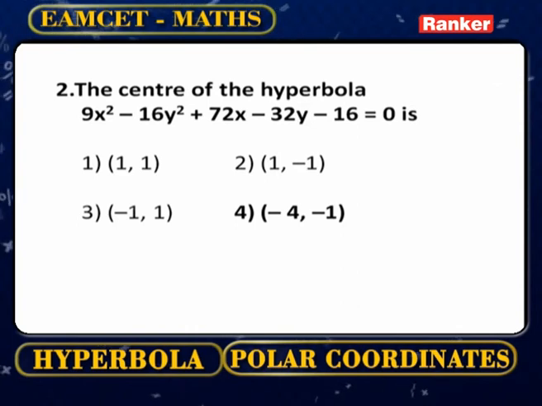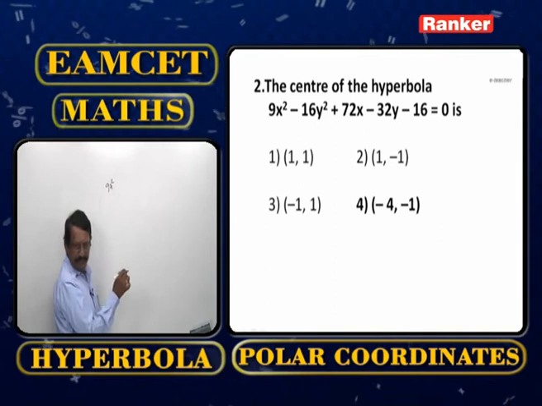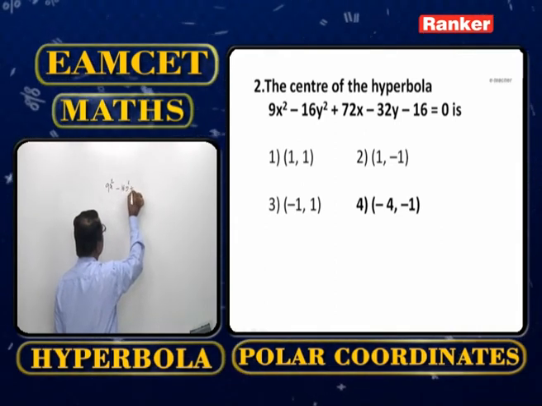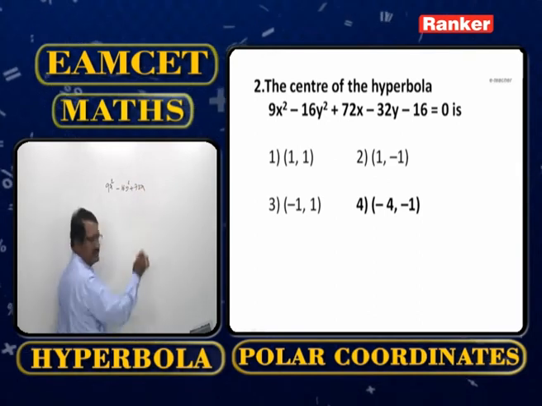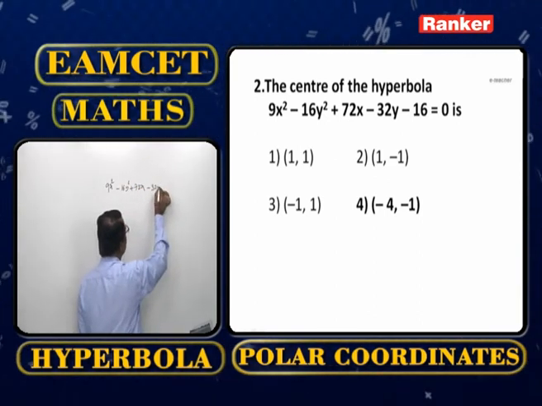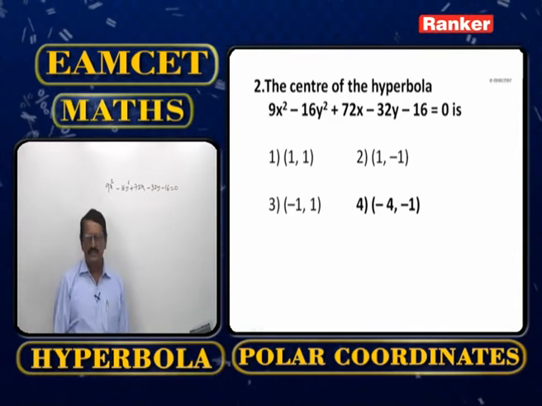Next problem: the center of the hyperbola 9x square minus 16y square plus 72x minus 32y minus 16 equals 0.